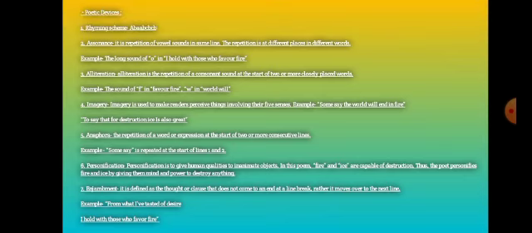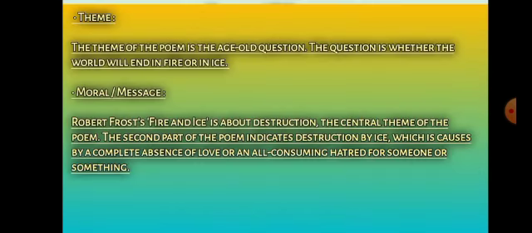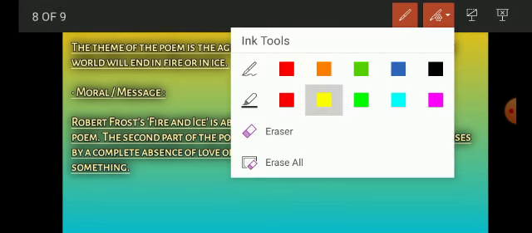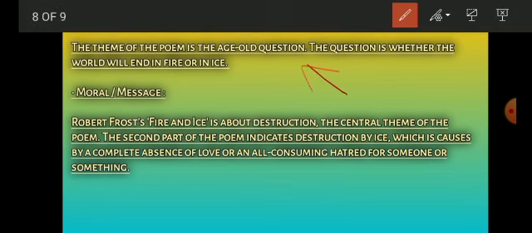So I guess you all understood the poetic devices of this poem Fire and Ice. Let me move on with the next slide. This is the last topic that we are going to discuss today: the theme of the poem and the moral or message of the poem. The theme of this poem Fire and Ice is the age-old question: whether the world will end in fire or in ice.